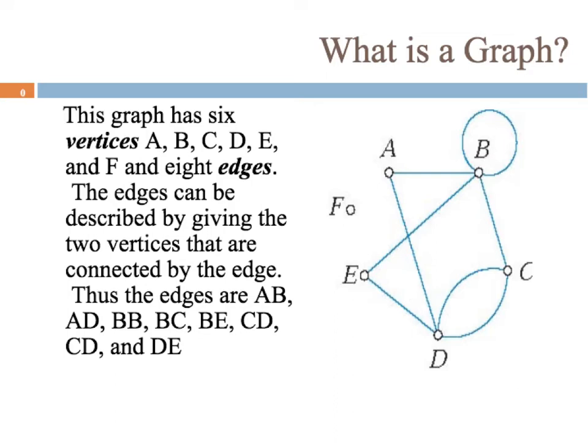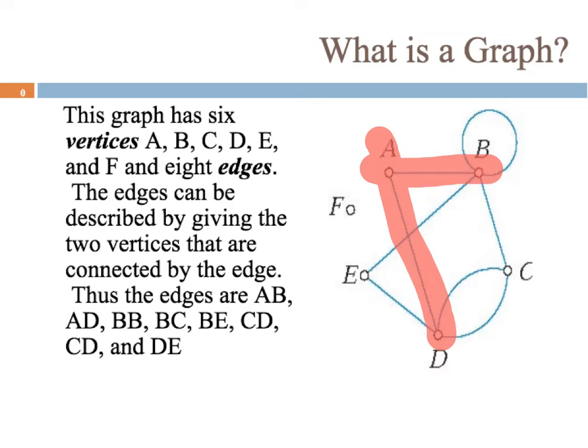So for example, AB is an edge, AD is another edge, and BB is kind of interesting because it starts and ends at the same place.